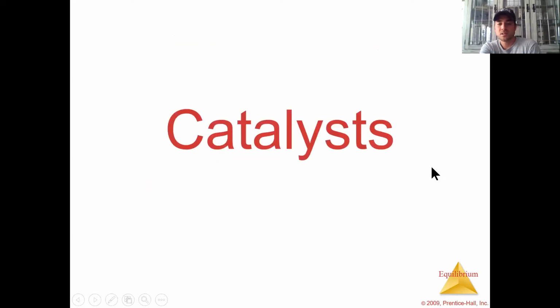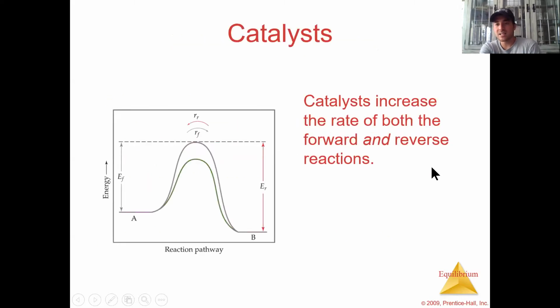And last thing about a catalyst, so understand this, catalysts do not change anything about the amount you have at equilibrium. The only thing is you will reach equilibrium faster. A catalyst increases the rate of the forward and the reverse process, both. So again, that hump is going down, the activation energy is going down.